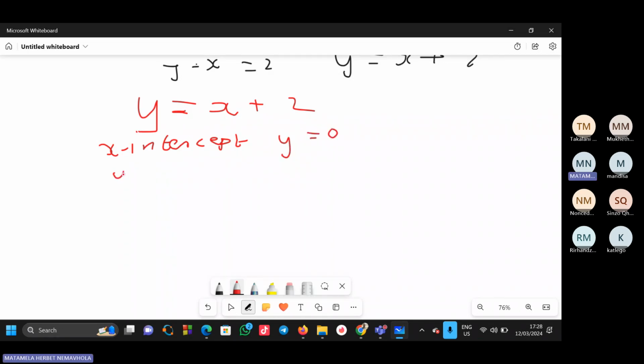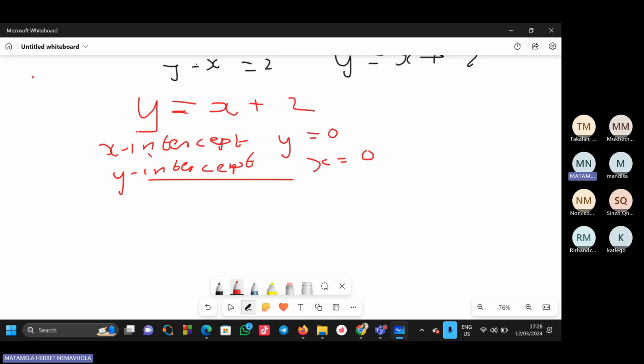And our y-intercept, I think I'm writing the wrong spelling, but it's fine. Our x must be equal to 0.